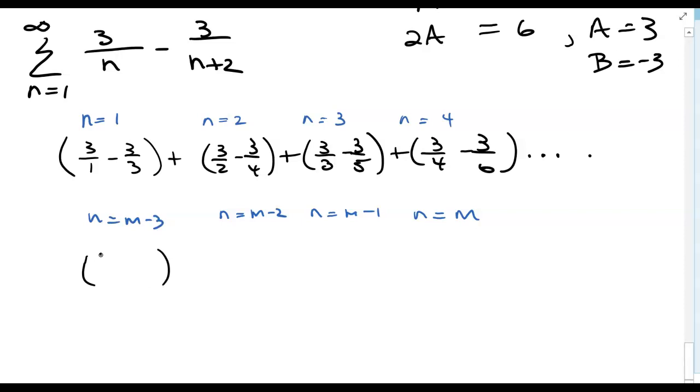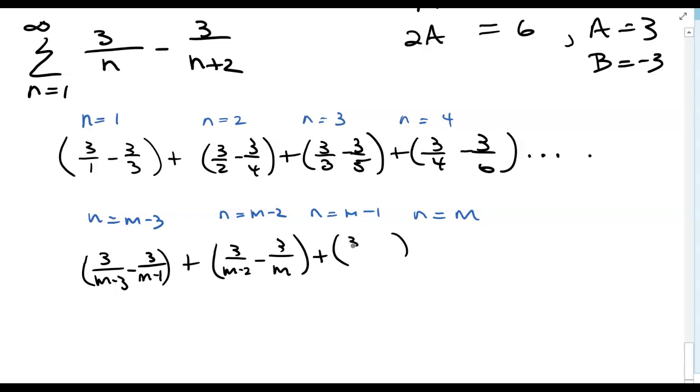So n equals m minus 2 is 3 over m minus 2 minus 3 over m. n equals m minus 1 is 3 over m minus 1 minus 3 over m plus 1. And n equals m is 3 over m minus 3 over m plus 2.